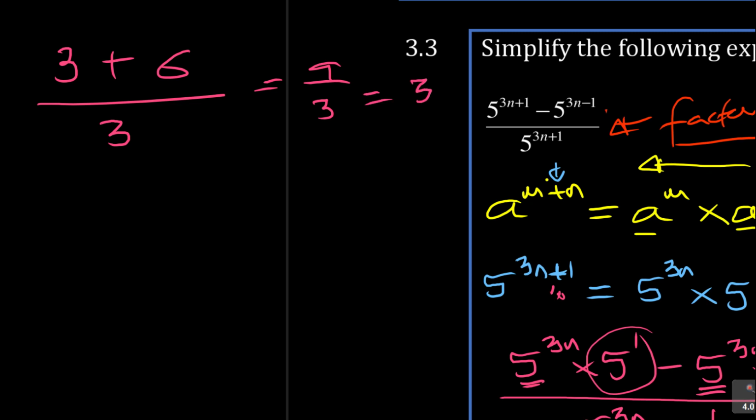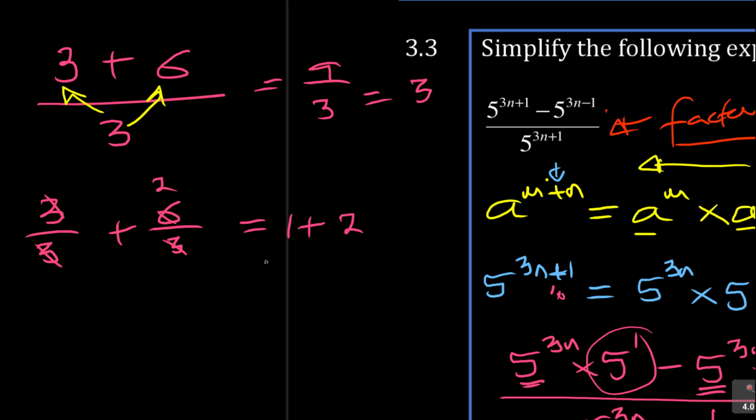I can go on and say that 3 affects that and that affects that. Meaning, I can say 3 over 3 plus 6 over 3. See that? Which is equal to, 3 into 3 I get 1, plus 3 into 6 I get 2. So 1 plus 2 is equal to 3. So you see, I got two ways of solving it. Same thing, same concept on the other one.